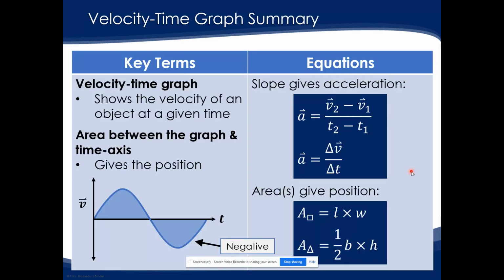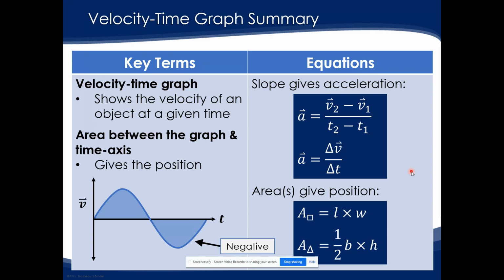So here are just the key terms from this section. I know it's a little bit intense. We're going to go through a bunch of these examples when I see you in class. But our key terms: our velocity time graph is going to show us the velocity of an object at any given time. And the area between the graph and the time axis, or x-axis, is going to tell us our position.